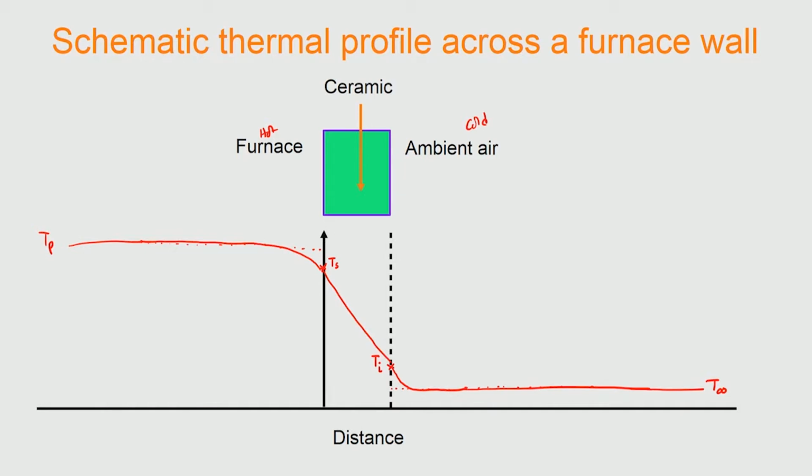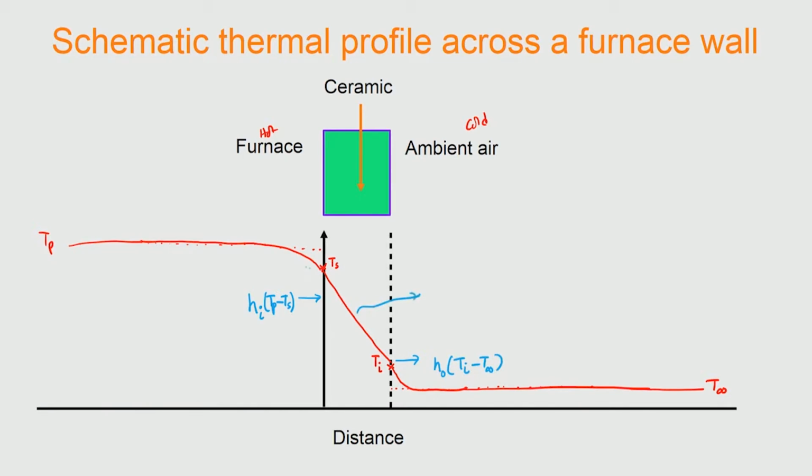So, what it implies is that the heat flux going in is given by the heat transfer coefficient for the inner wall, into Tp minus Ts, into the area, and the area we are assuming to be constant. What is going out from here is the heat transfer coefficient for the outer wall into Ti minus T infinity.